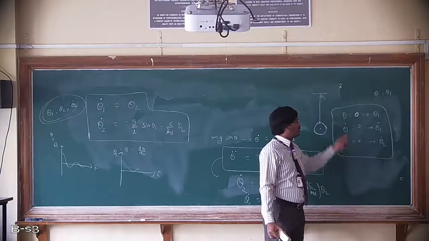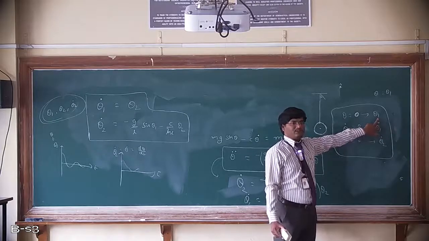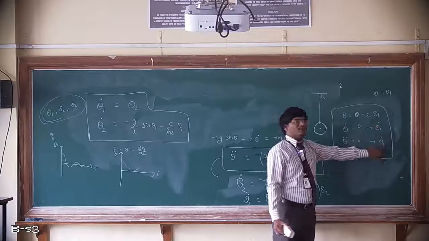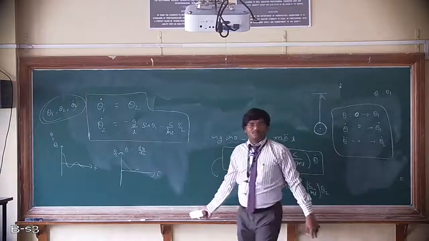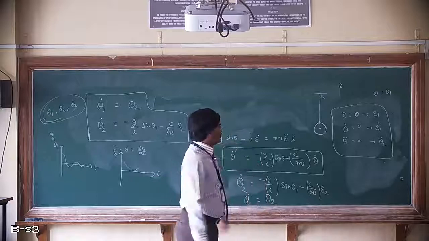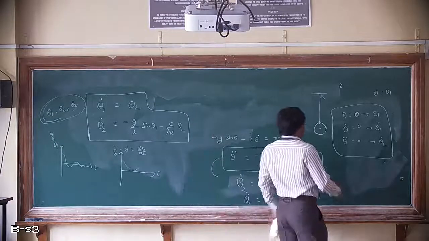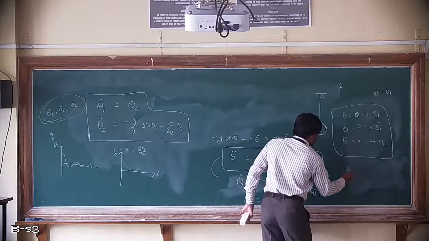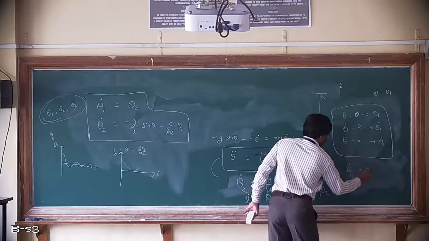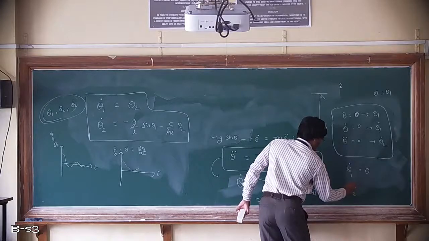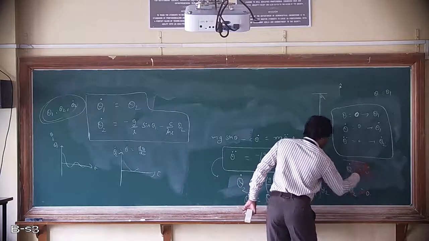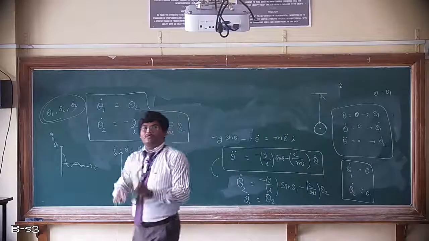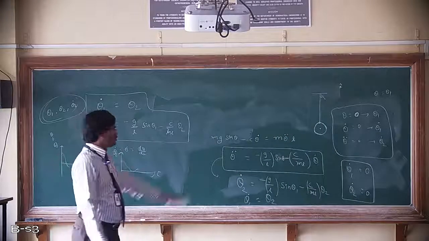Theta is nothing but theta 1, we assumed, right? Theta dot is theta 1 dot, theta double dot is theta 2 dot. So at the equilibrium point, theta 1 dot is equal to 0 and theta 2 dot is equal to 0, right? The rate of change of state variables is 0 at equilibrium condition.